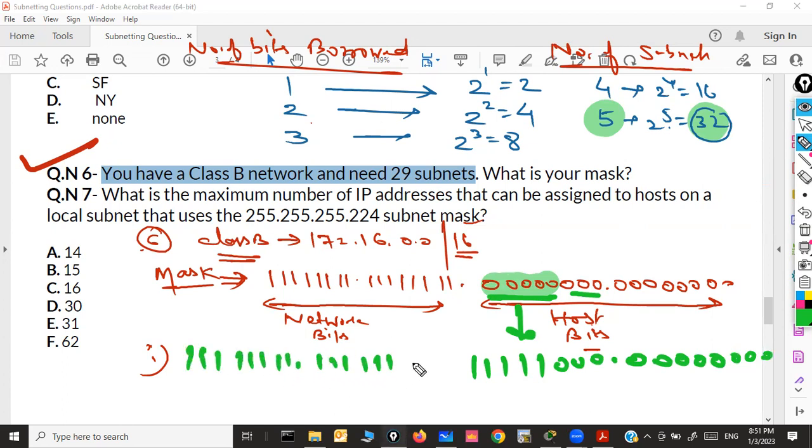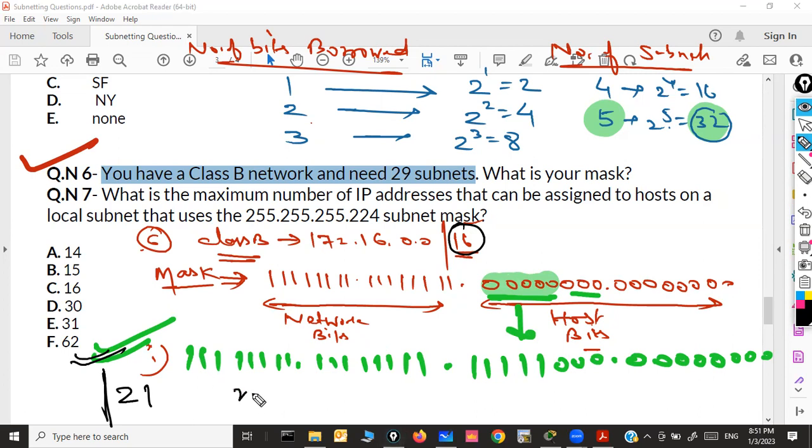Now count the number of ones. How many ones can you count from here? What is the value now? 255, 255, and 248. And in number of ones, if I have to write it in this format, then what should I write down? 16 plus 5 is 21. Correct.